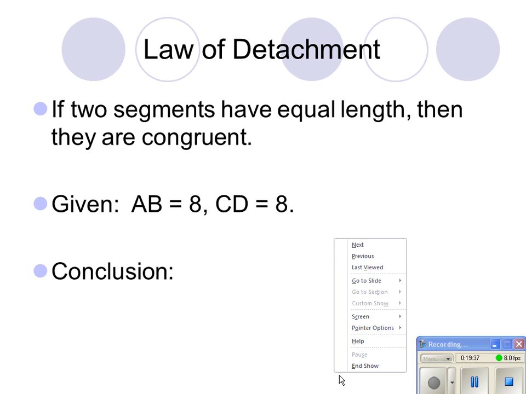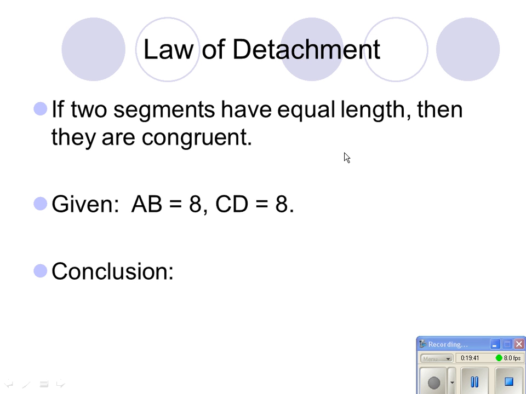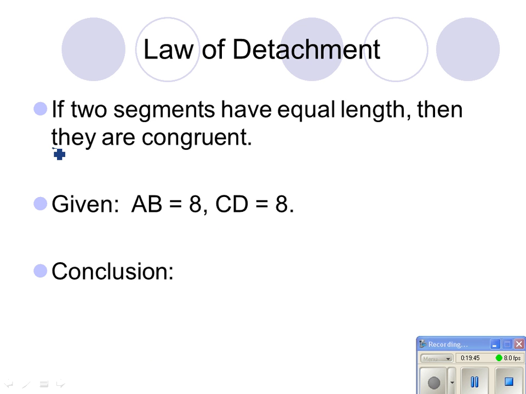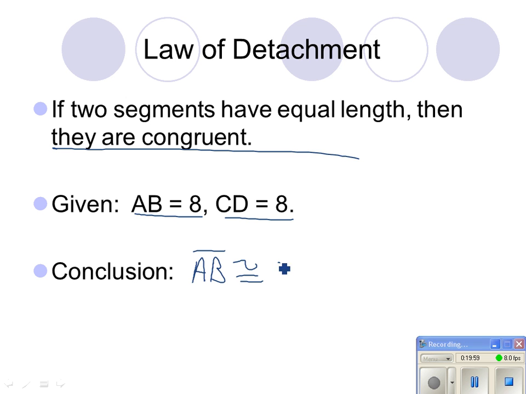Well, from this original statement, and then from this statement where AB is 8, CD is 8, what conclusion can we draw? We can draw that segment AB is congruent to segment CD.